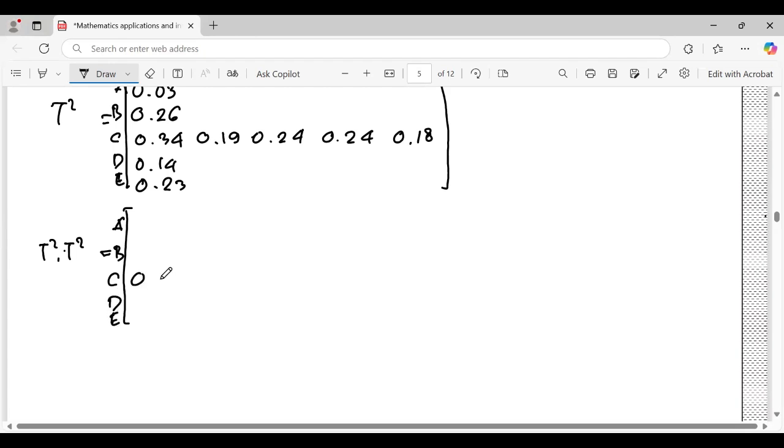Row C are 0, 0.34, 0.19, 0.24, 0.18. This is row C of T squared multiplied by T squared.